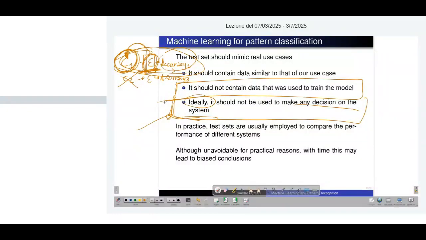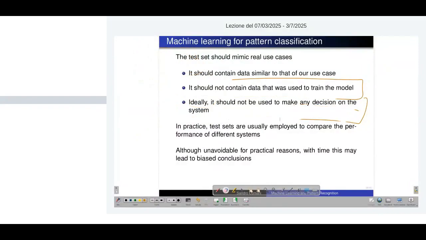It would also pose the problem that since evaluation sets are limited, so they have a finite number of samples, even if we take two different evaluation sets from the same population, we may end up measuring different values for our metric, because essentially our metric will measure an average of the number of errors, but if you have a finite number of samples, the average can change depending on the actual samples that you have in your dataset.